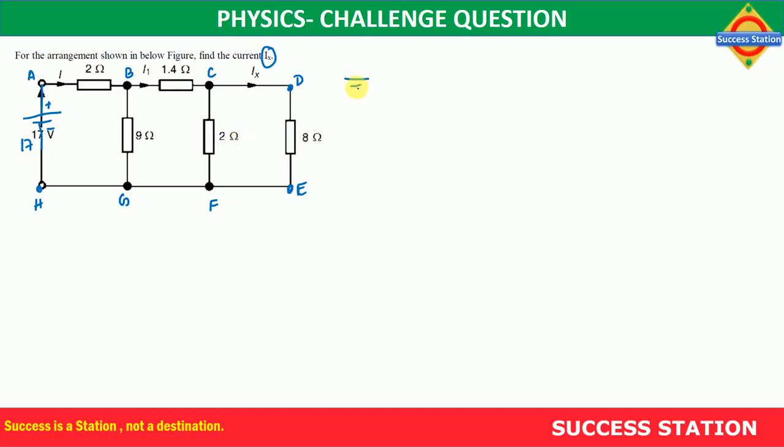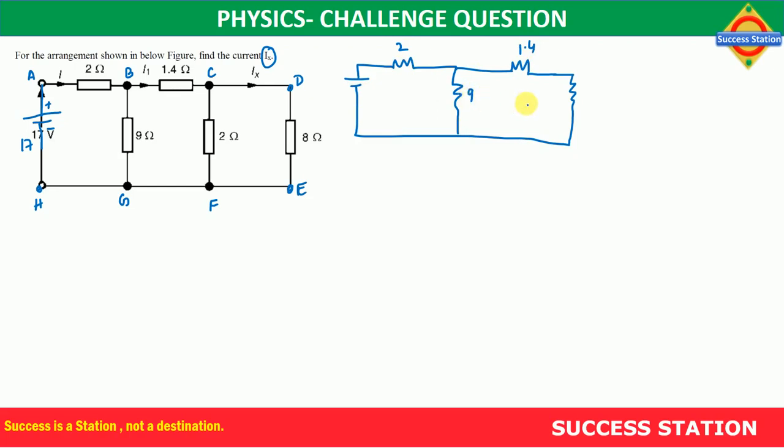Step by step, this is 2, 9, 1.4, and the 2 and 8 in parallel will get one resistance. So my circuit is shortened. This is 2, this is 1.4, this is 9, and this is the equivalent of 2 and 8 in parallel.